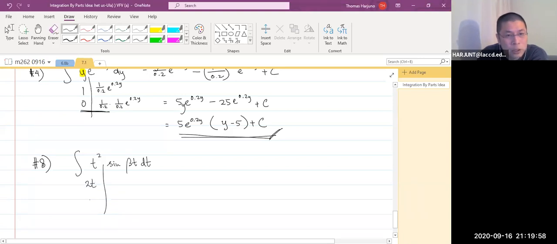Derivative 2t to 0, so I stop here. Okay, the integral of sine is negative 1 over beta cosine beta t, integrated again.